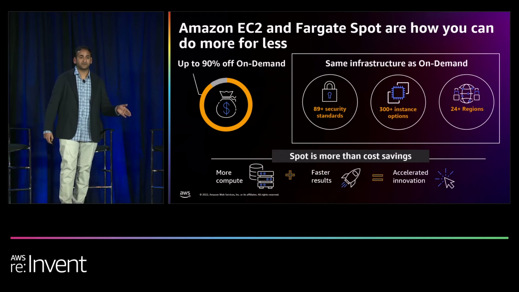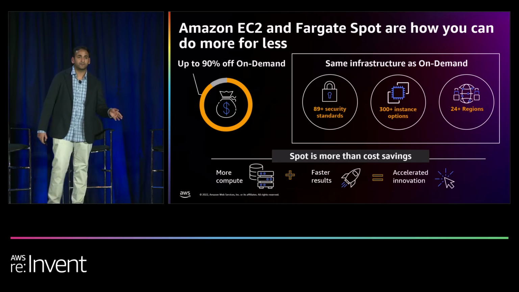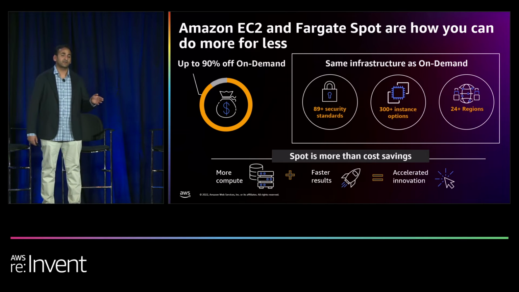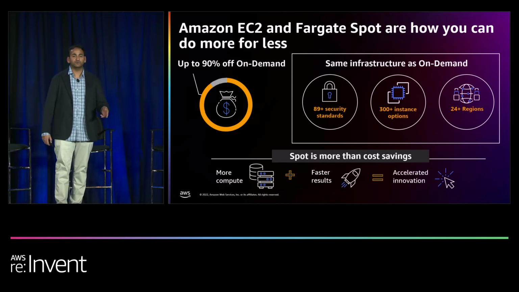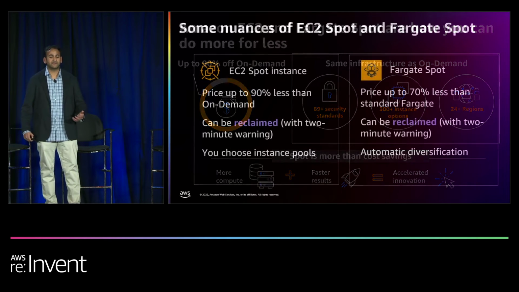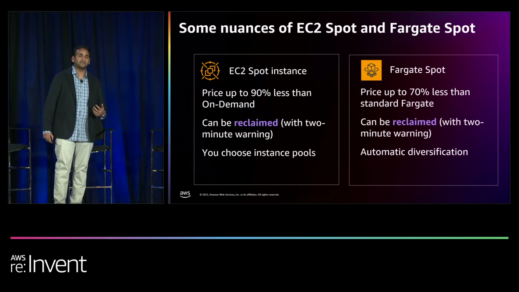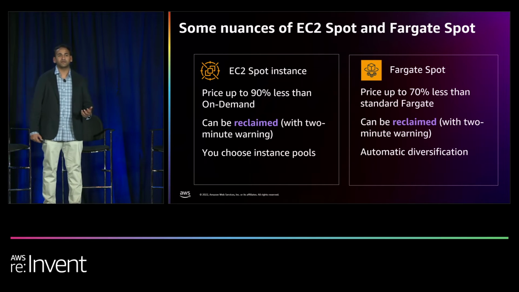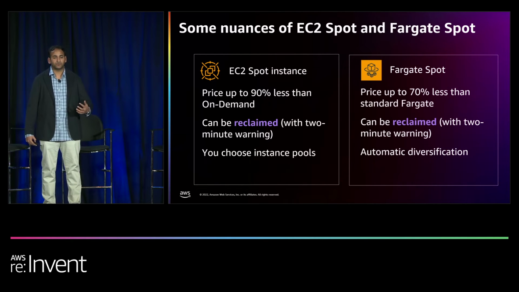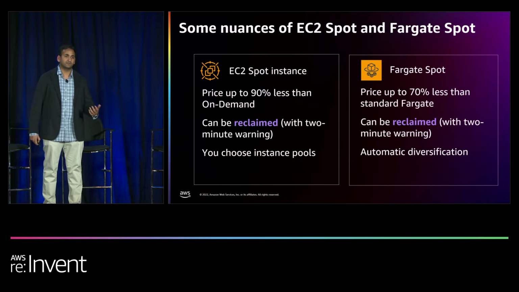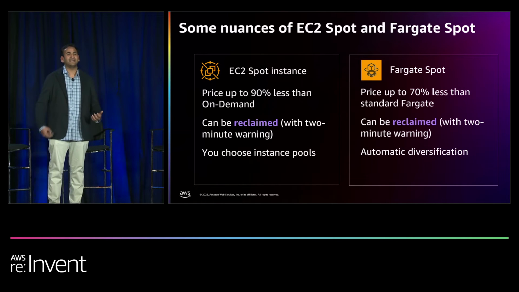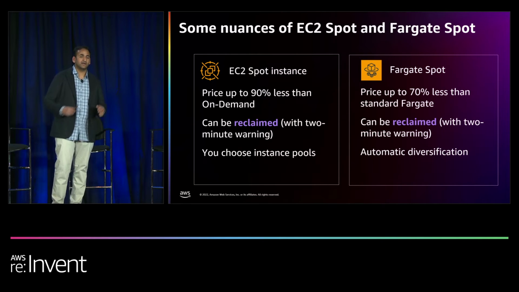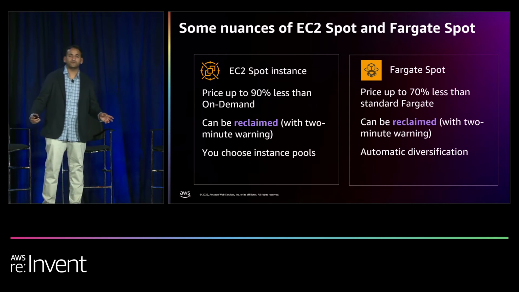So that's something to keep in mind. When you run Spot capacity, your capacity can be interrupted with a 2-minute notice at any point of time. However, when you're using containers, containers make it much easier to run workloads on Spot, because containers by definition are prone to interruption and are more likely to be cycled around in any case.